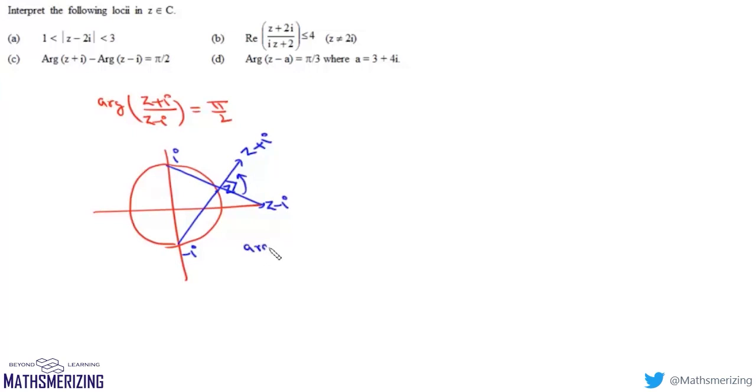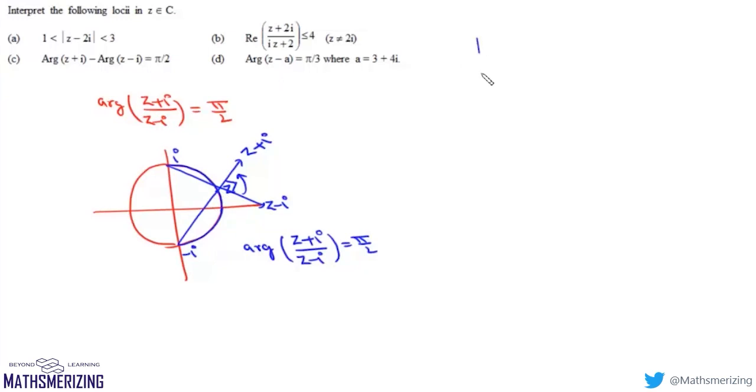So from this we can write argument of z plus iota upon z minus iota is pi by 2. So that means we are talking about all the points on this semicircle which lie on first and fourth quadrant.